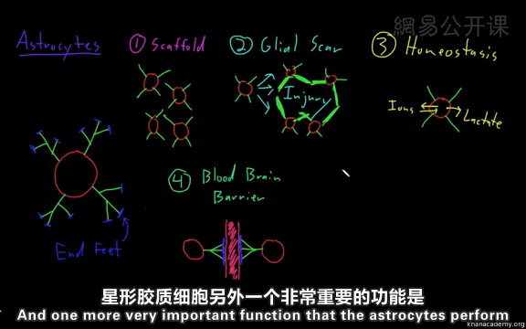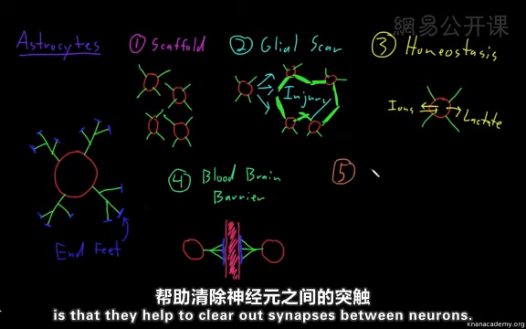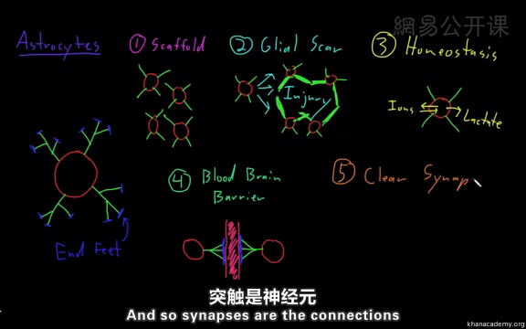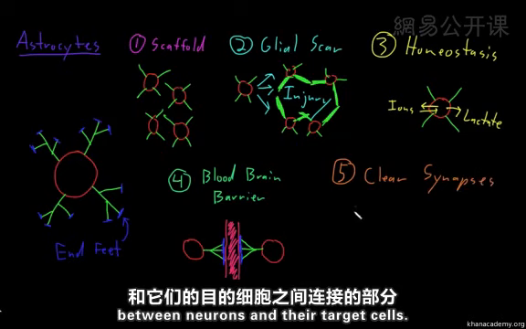And one more very important function that the astrocytes perform is that they help to clear out synapses between neurons. Synapses are the connections between neurons and their target cells.